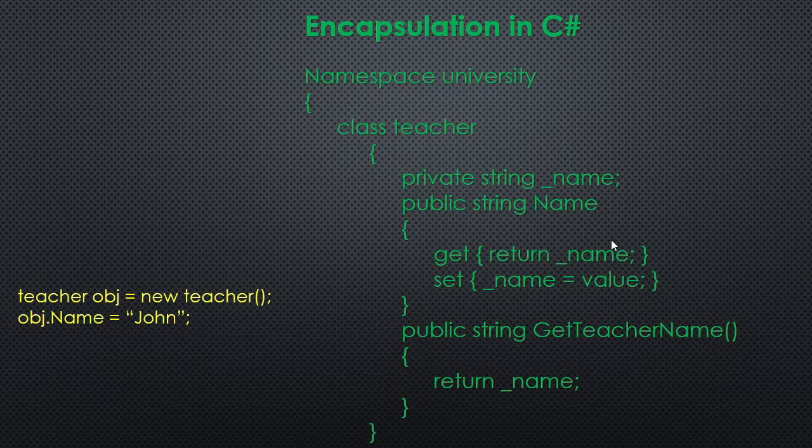So if I want to set this public property value, I write the object dot name equals some value, and this value will be reflected to the private variable using the set statement. This is the way of accessing the private variable from outside the class, but in an indirect way. Now let's go to Visual Studio to take an example for encapsulation in C#.